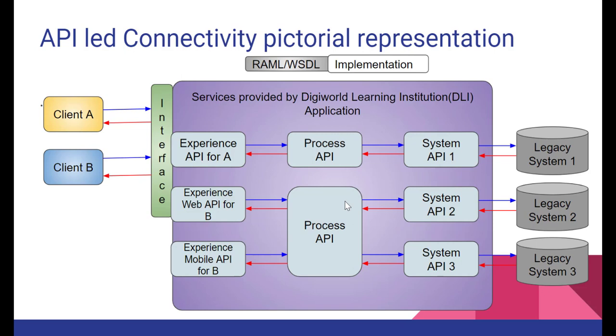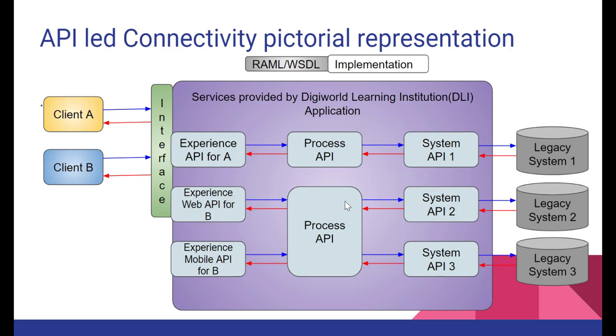Later on, suppose you are using another system, that is legacy system 2, and you want the data from that legacy system 2 also to be exposed to the outside world, right? In that case, what will you do? First you developed the experience API, process API, and system API, and the system API 1 was interacting with your existing legacy system 1, but later on you have added legacy system 2.